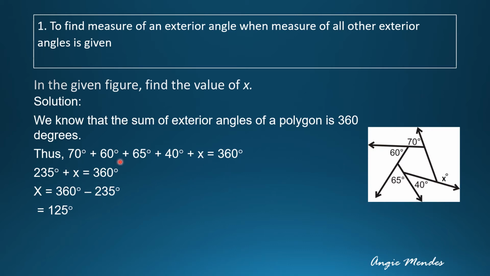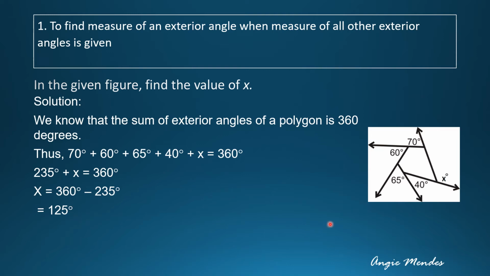Now when we add all the values, we get 235 degrees plus the unknown angle, which equals 360 degrees. So when we keep X on one side and subtract the values, we get the value of X, which is 125 degrees.